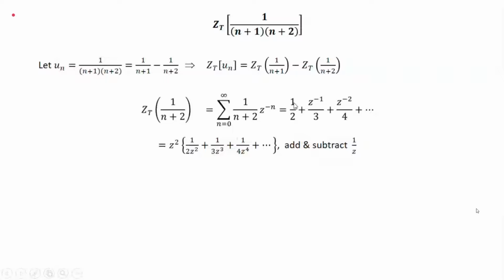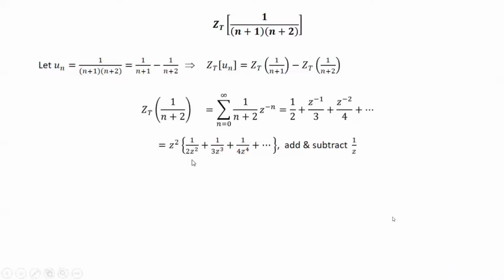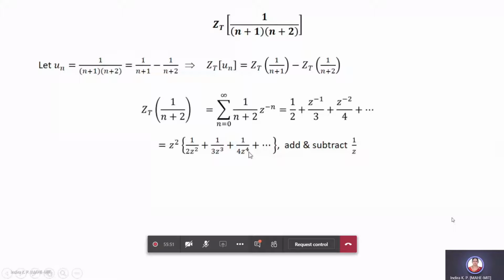My log expansion is x plus x squared by 2 plus x cube by 3 and so on. So I want x squared by 2. That is why I am multiplying by z squared and dividing by z squared. So I get z squared, 1 by 2 z squared, 1 by 3 z cube, etc.